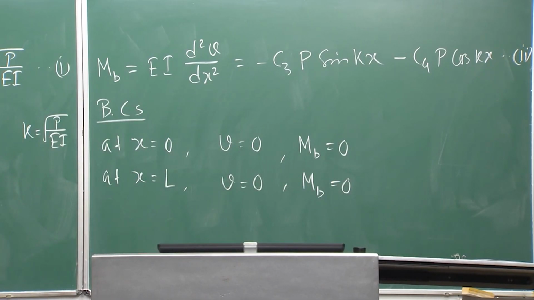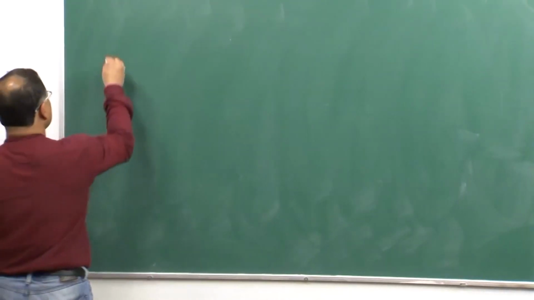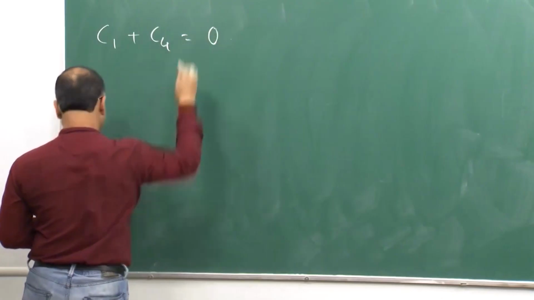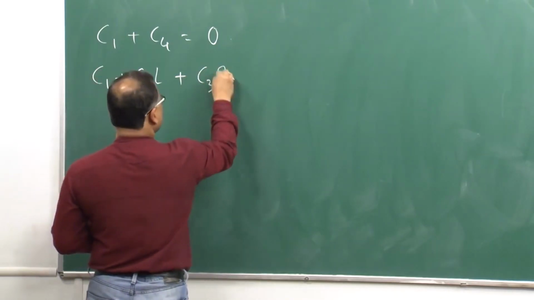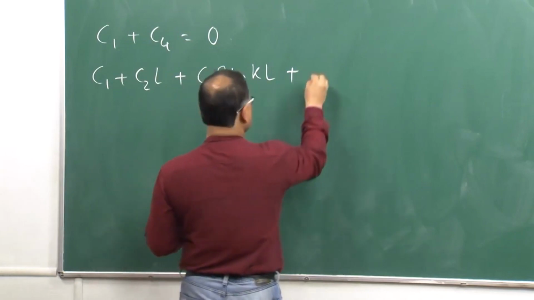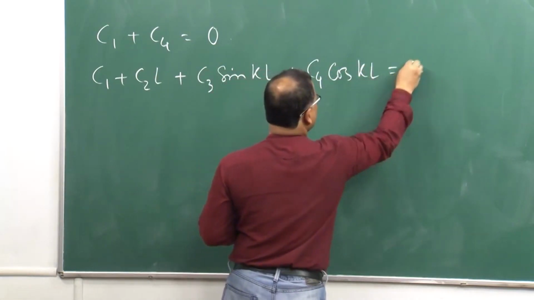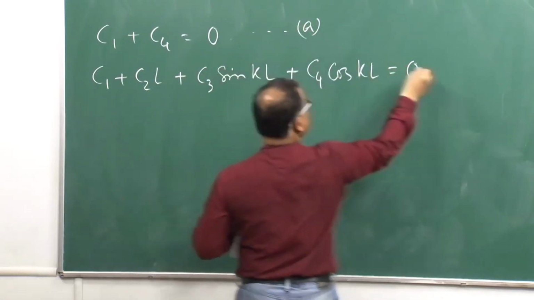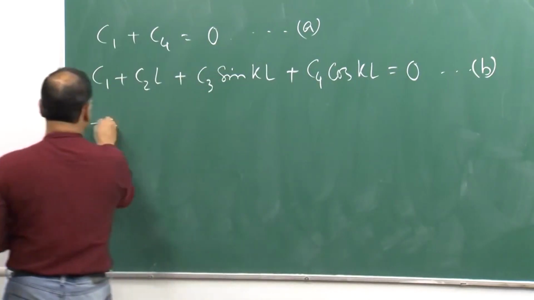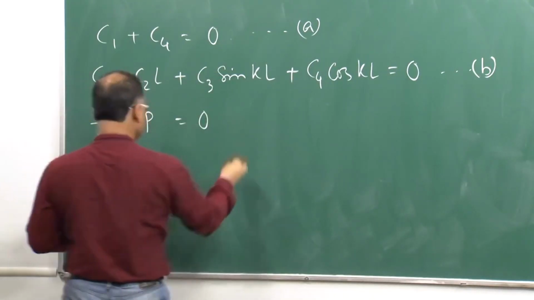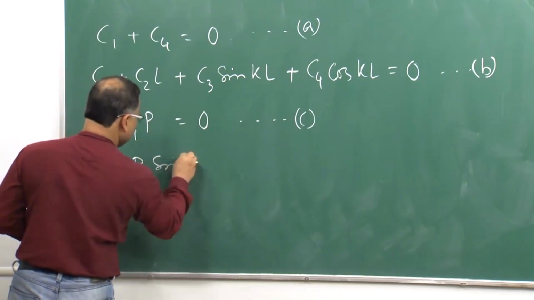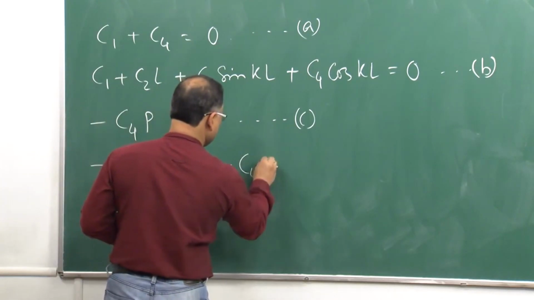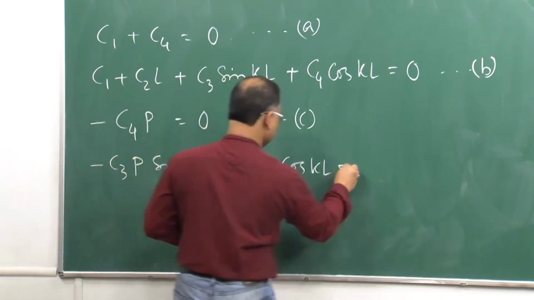Now, if you put these boundary conditions in equations 1 and 2, you will get 4 equations: C1 plus C4 equal to 0, which is equation A; C1 plus C2 L plus C3 sin KL plus C4 cos KL equal to 0, this is B; minus C4 P equal to 0, equation C; and the final equation, C3 P sin KL minus C4 P cos KL equal to 0.